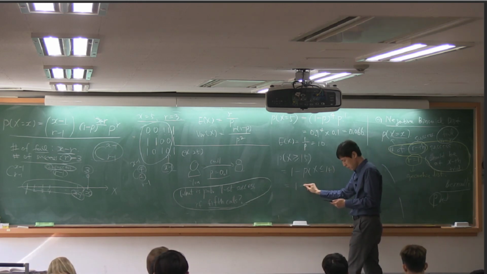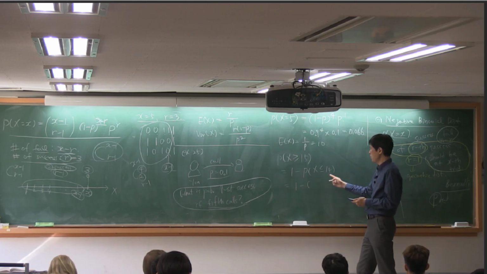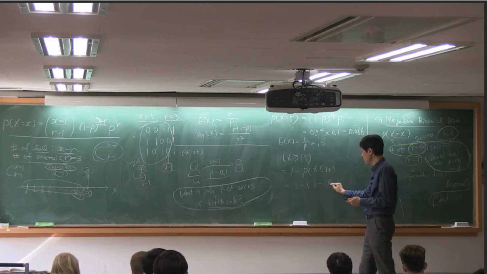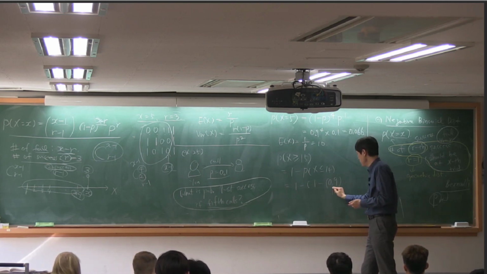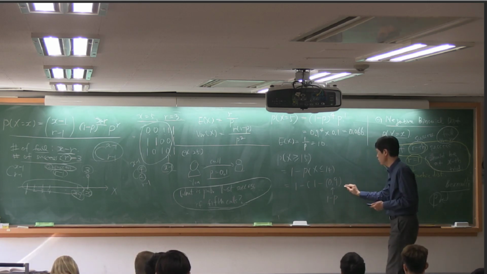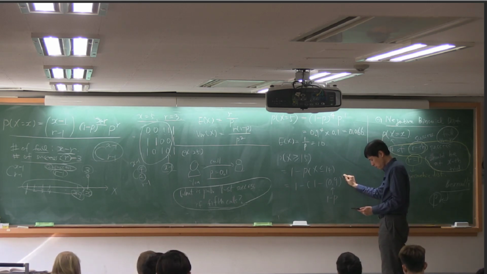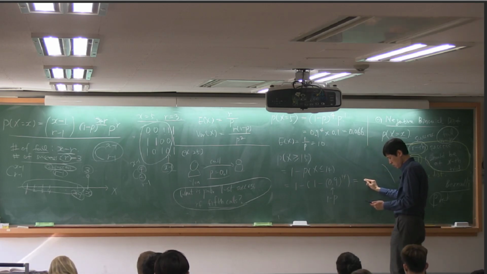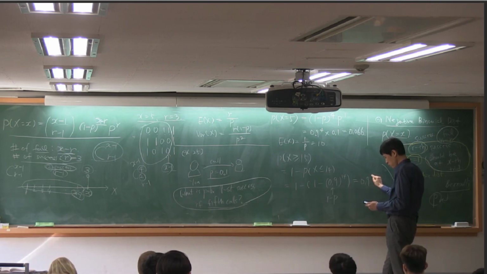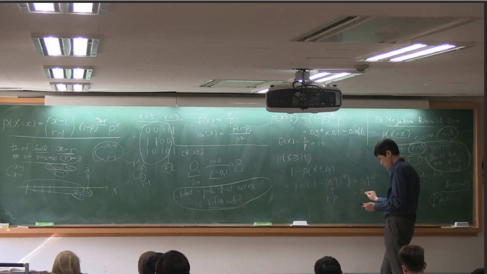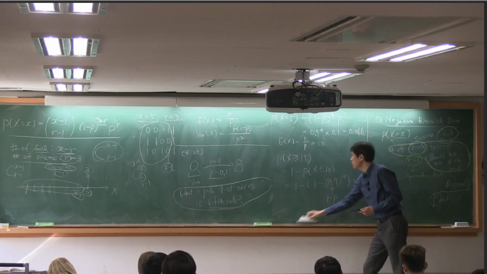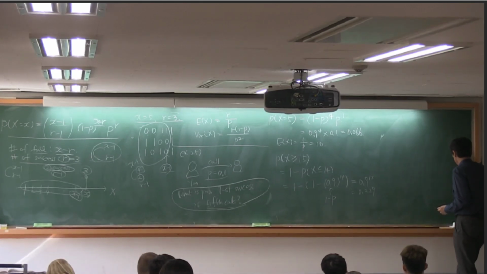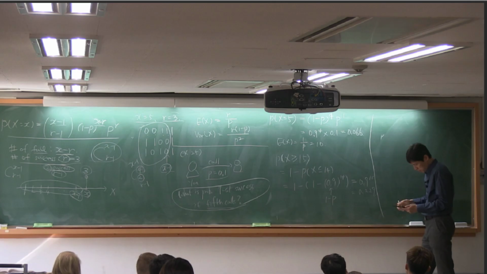You can solve this also, but you can remember the geometric series formula. This is 1 minus p to 14. This becomes 0.9 to the 14th. This is a very simple example.